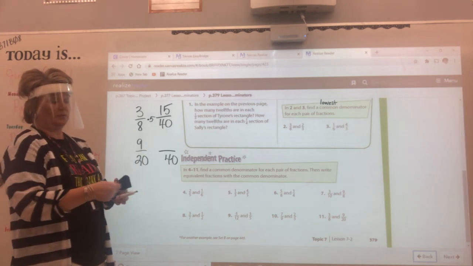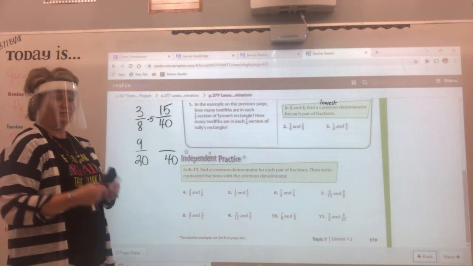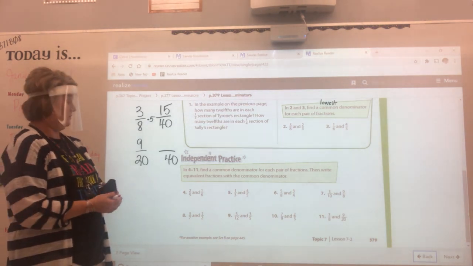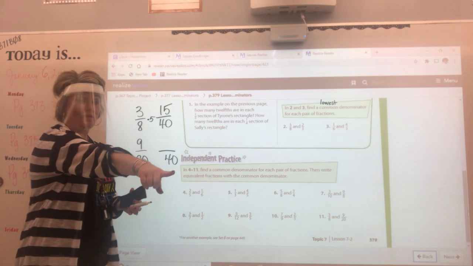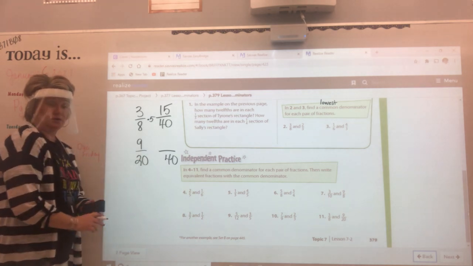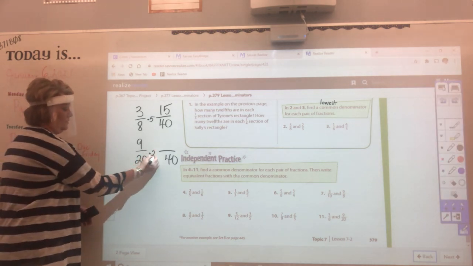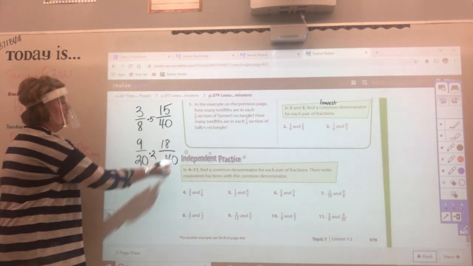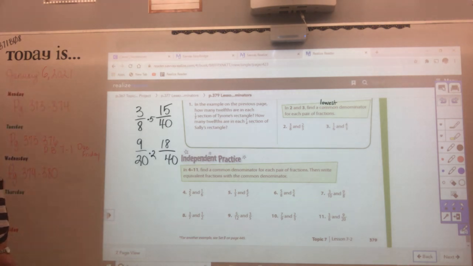Like you got $20 bills, 20, 40, 60, 80, 100. Can you do that? Okay, stop. You're at 40. So what number are you on? 2. So if you multiply the bottom times 2, Caden, you gotta multiply the top times 2. 18. There's your answer. 15 over 40 and 18 over 40.